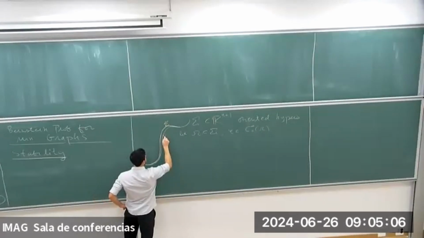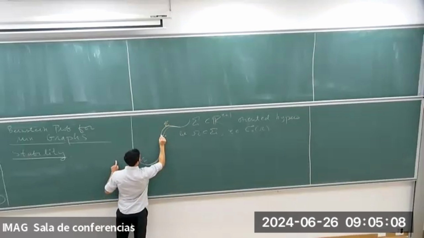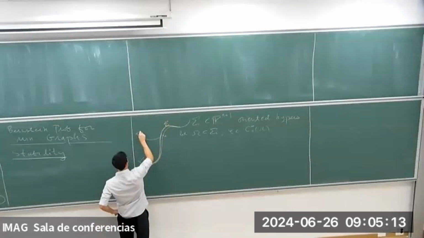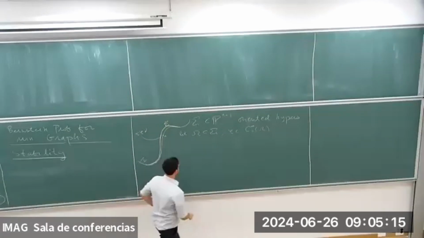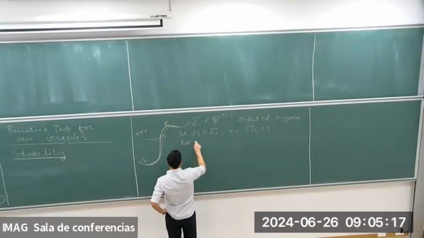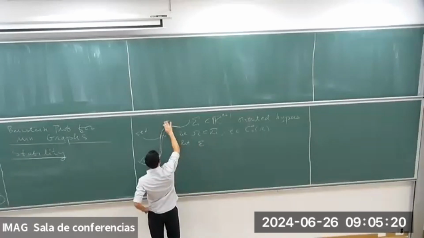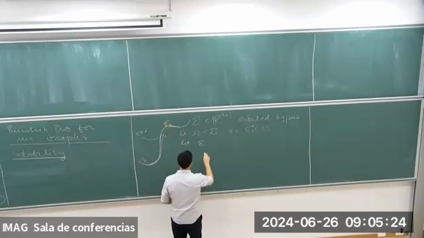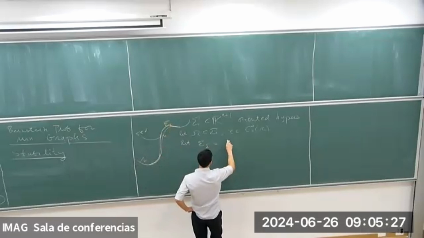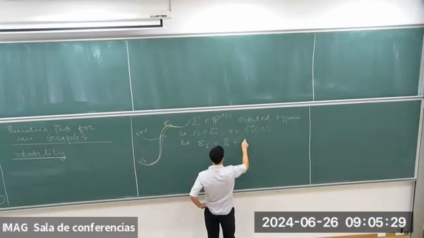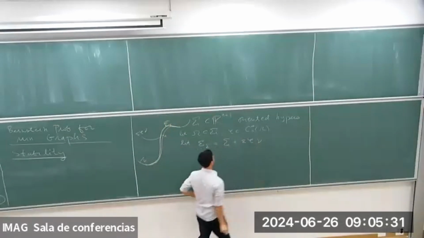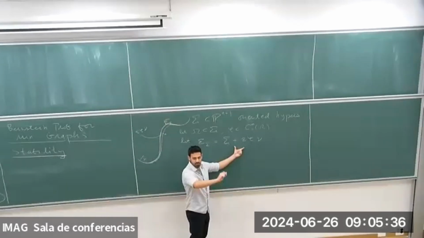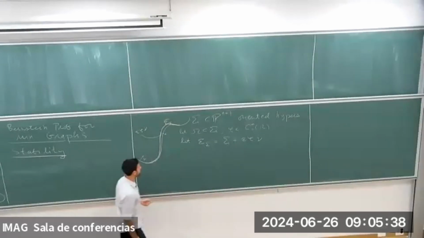At each point x in Σ, we want to move in the normal direction a little distance epsilon times φ. Let Σ_ε be Σ plus that. Is this notation clear to you? We're just moving epsilon times φ in the normal direction.